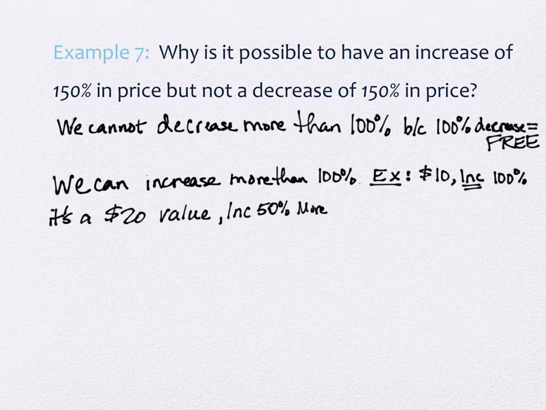The original value is $10. So what's 50% of $10? $5, right? So it's now $25. Okay, so you can always keep adding things on. There's just only so much you can take away before you end up at zero or a negative number.